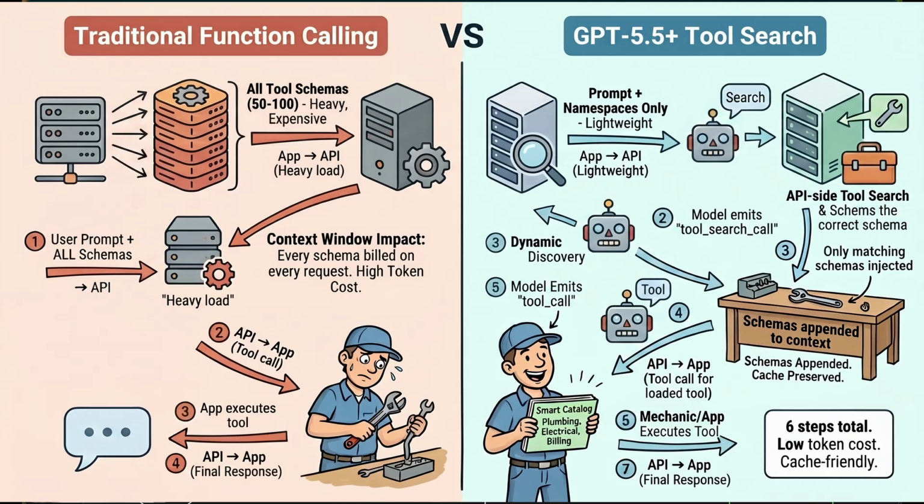Now to recap, in the traditional approach, whenever you call the LLM, if it has access to the tools, it will load the schema of all the tools into the LLM, which results in increased input tokens. How? Because it will increase the context window, which will result in higher cost.